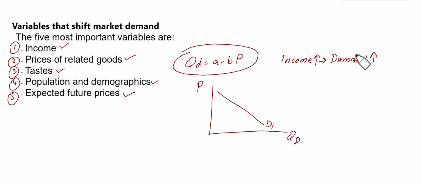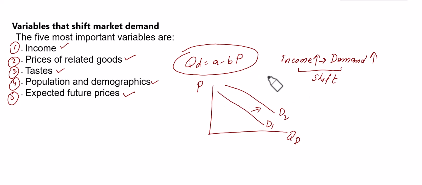This increase in income leads to an increase in demand, and according to this scenario, there will be a shift in the demand curve. Our demand curve will shift from D1 to D2, and we can call it an outward shift in the demand curve when income increases.